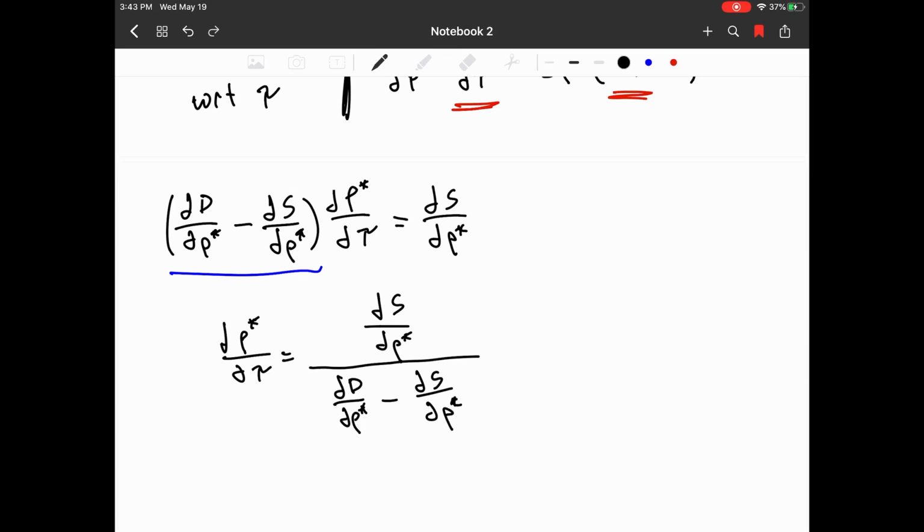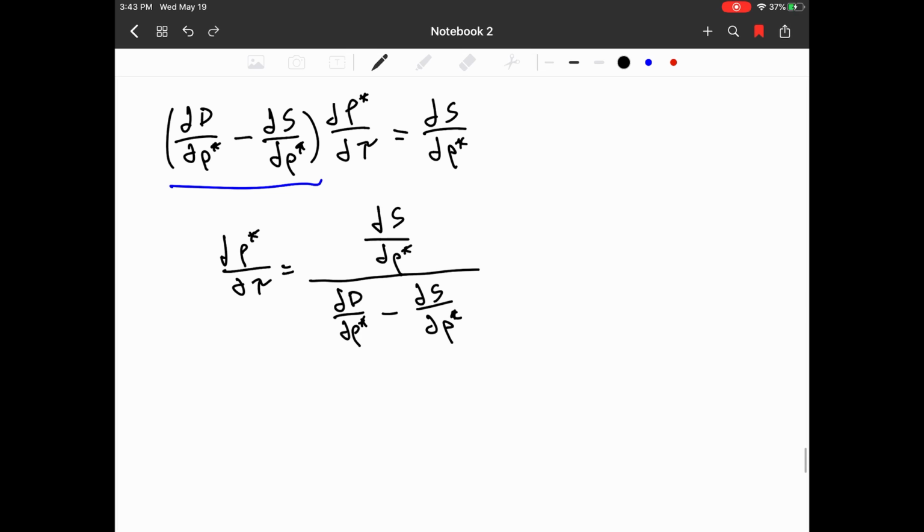So this is one way of classifying how the price that buyers are paying responds to a tax as we go from 0 to some tax. But there's actually another way of writing this. What I'm going to do is multiply top and bottom on the right-hand side by p star over q star.